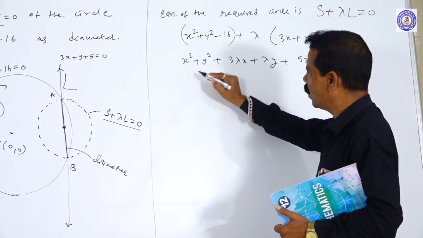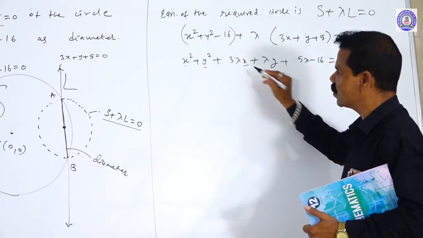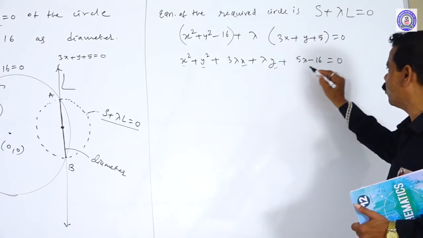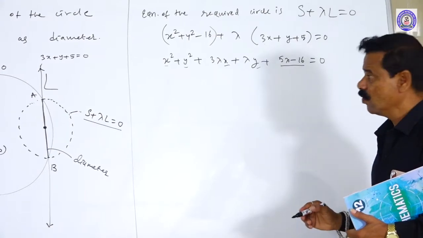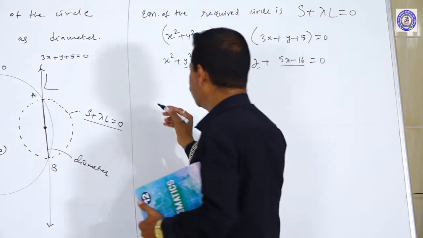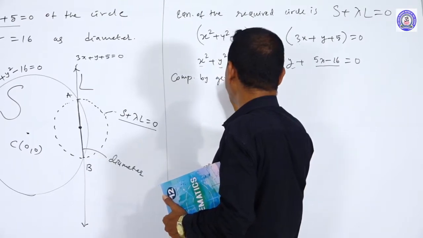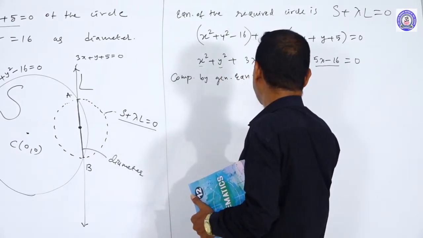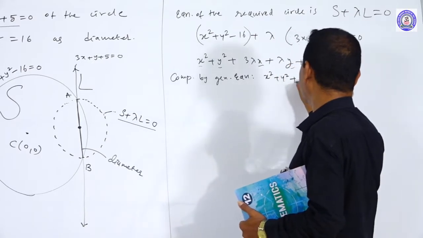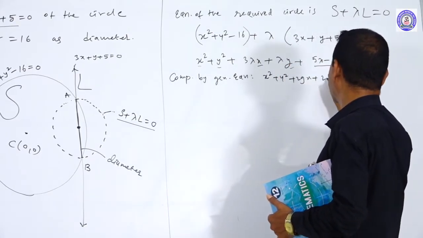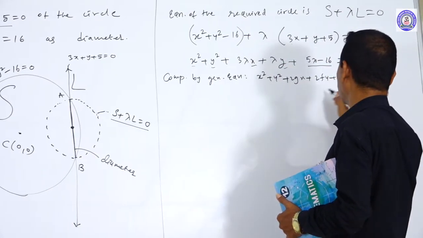First the x square term, next the y square term, next the x term, next the y term, next the constant. We compare with the general equation x square plus y square plus 2gx plus 2fy plus c is equal to 0.